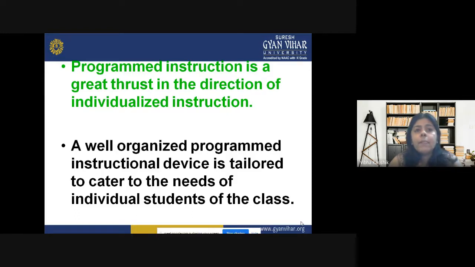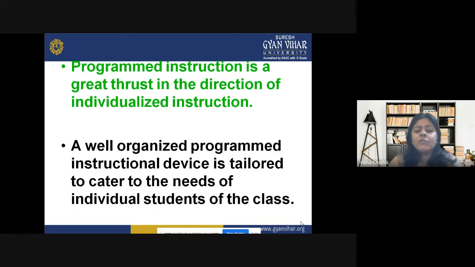If a programmed instruction is well organized and well planned, then that instructional device is able to satisfy the various needs of the learners present in the class, the various learning styles of the learners, how they want to learn, what learning strategies will be adopted by the learners, and individual differences of the learners.